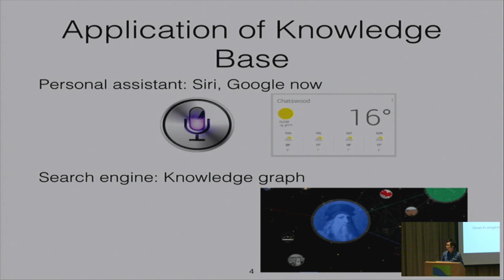Also, search engines have a knowledge graph. When you search something, if the search engine thinks you are looking for some knowledge, it will show the knowledge on the right-hand side of the page.